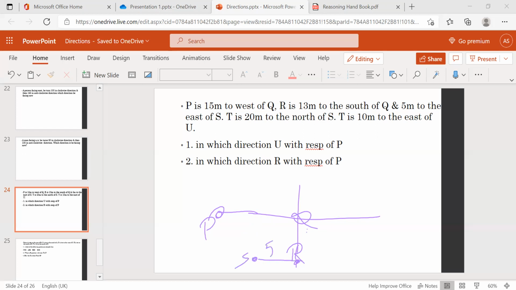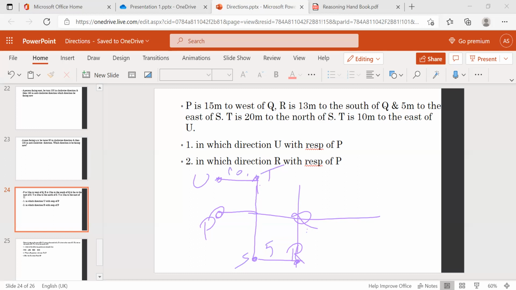East of S. Right. T is 20 meters north of S. T here. And T is 10 meters to east of U. East of U, 10 meters. Okay, done.